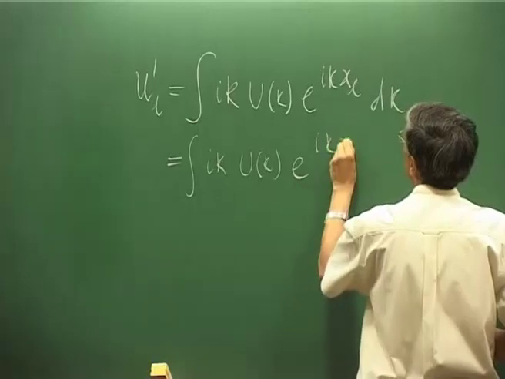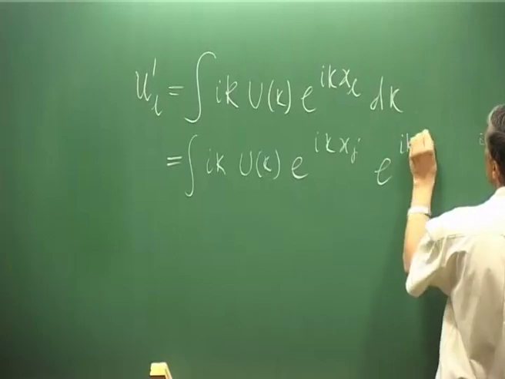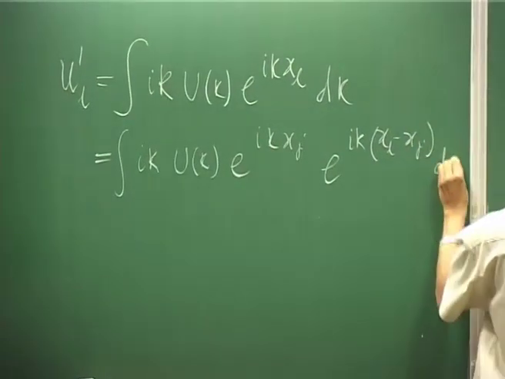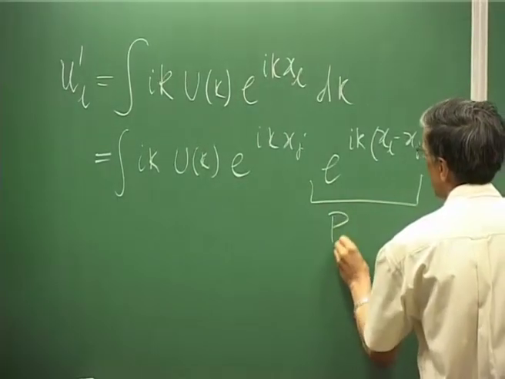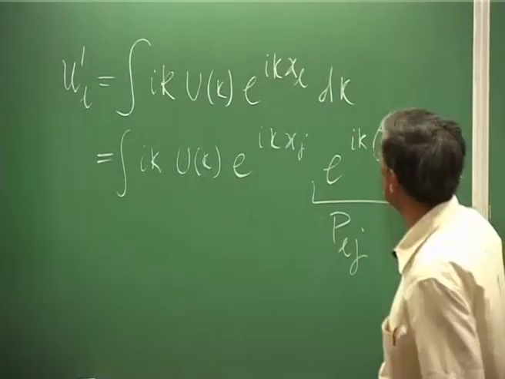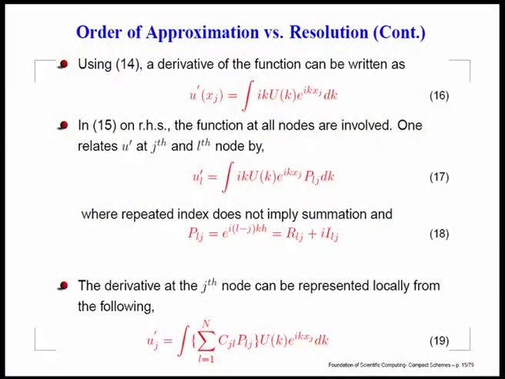I could write it like e to the power i k, and then e to the power i k, I will write x_l minus x_k. So this quantity, if I call this as some projection of the jth node onto the Lth node, so that's what we have written here in equation 17.